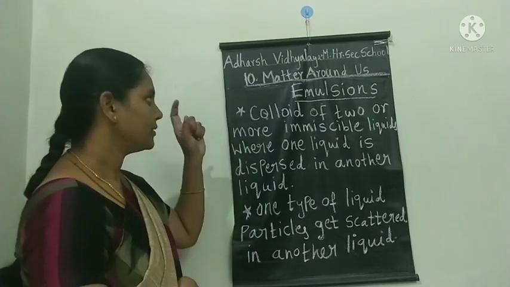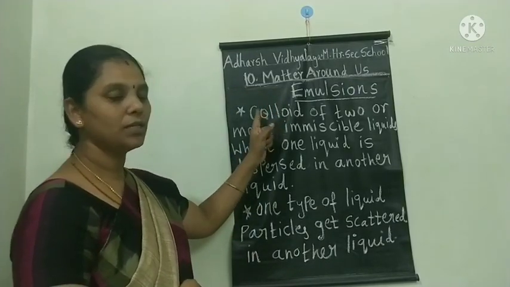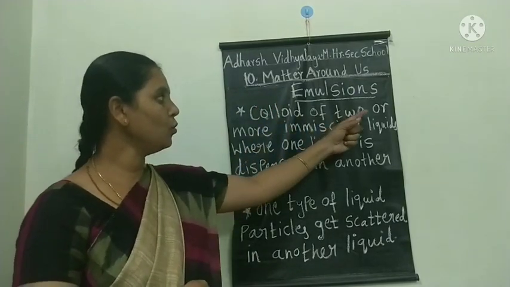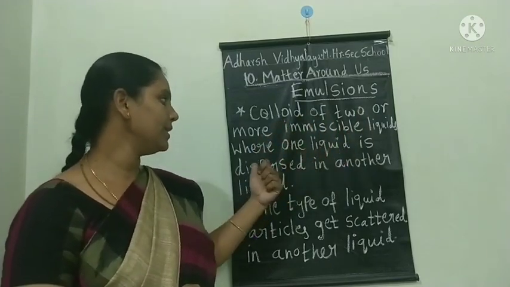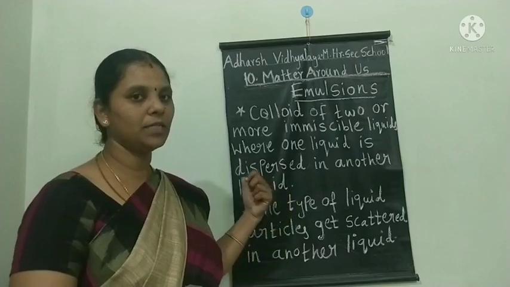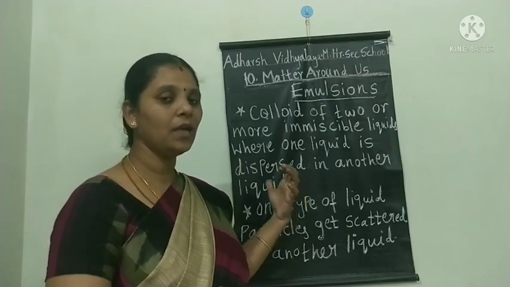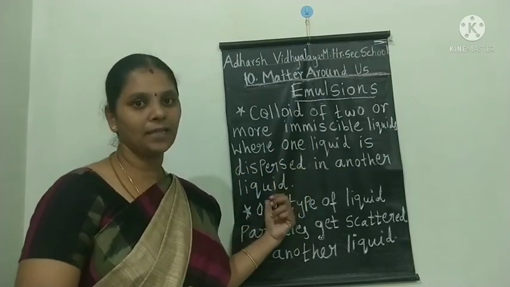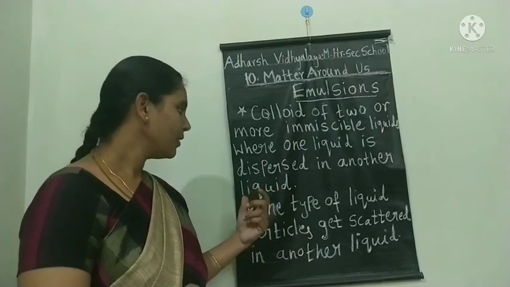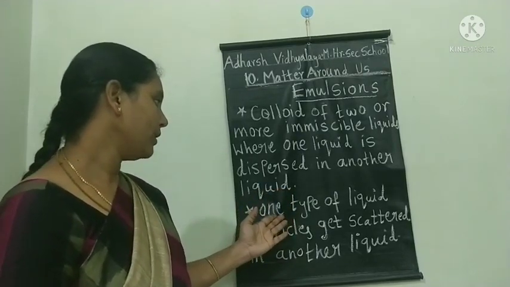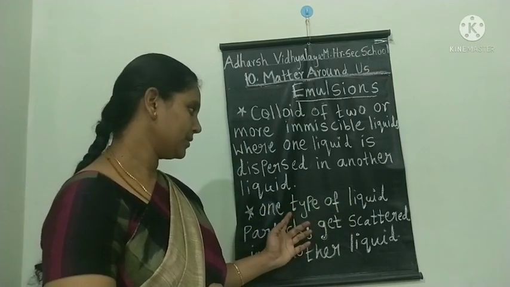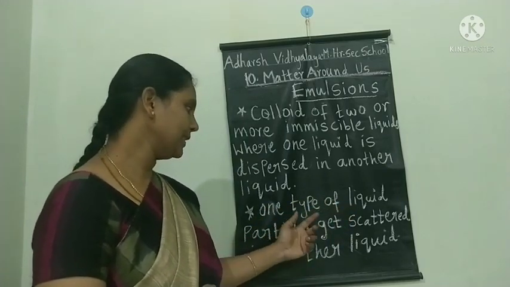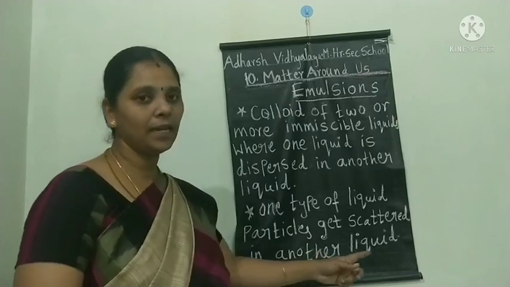Clear? So what is an emulsion? Emulsion is a colloid of two or more immiscible liquids where one liquid is dispersed in another liquid. Dispersion means it can be spread in one liquid, spread in another liquid. In an emulsion, one type of liquid particles get scattered in another liquid.